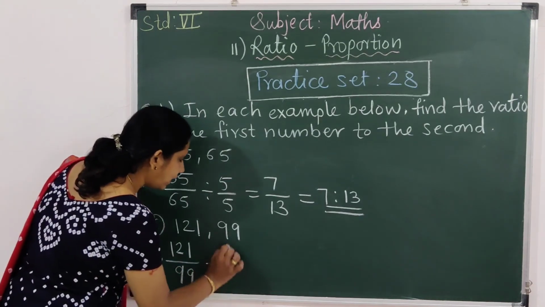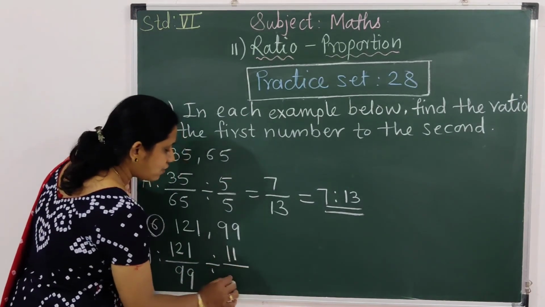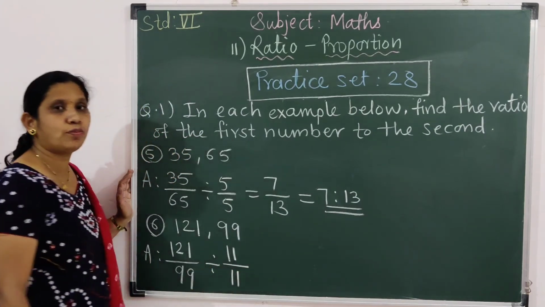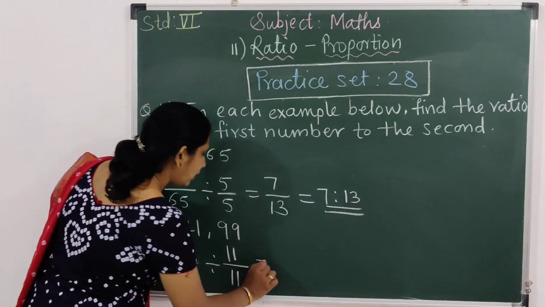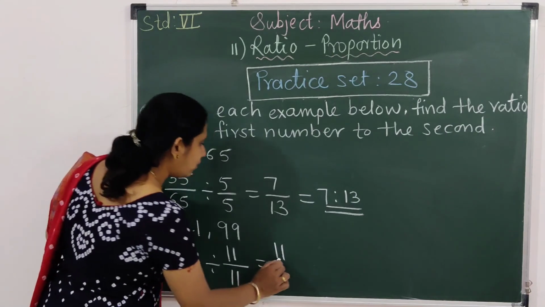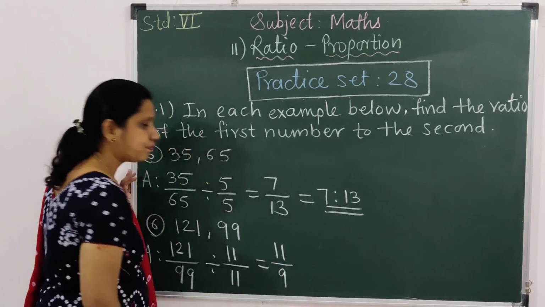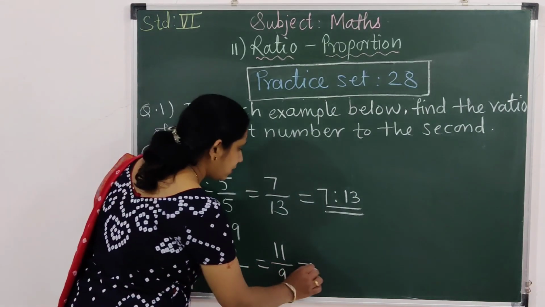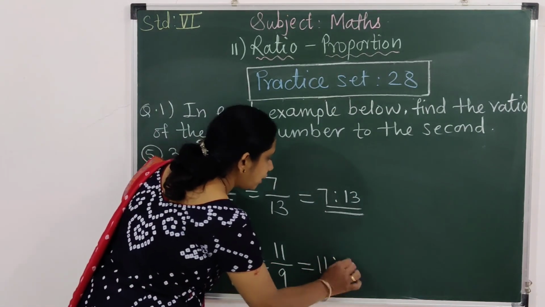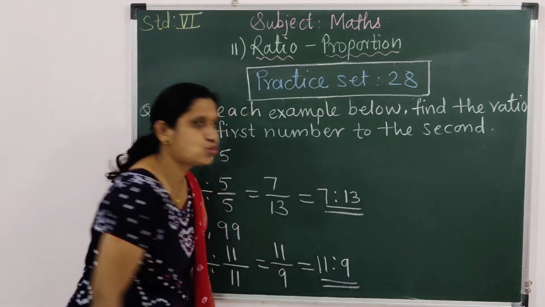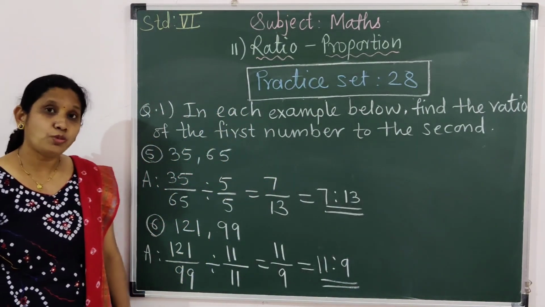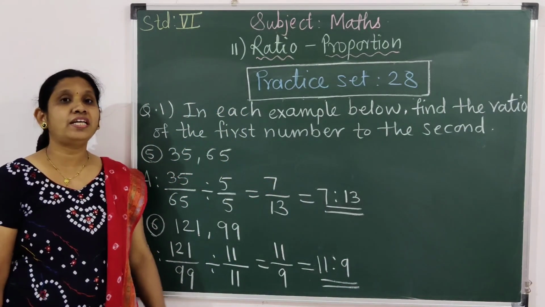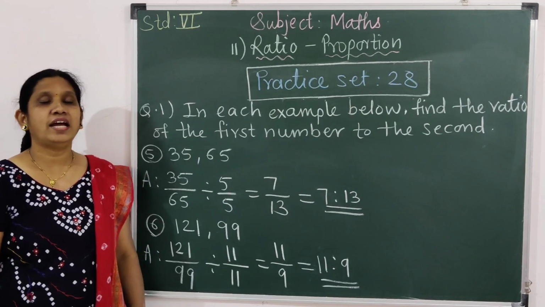So let us divide in the numerator by 11 as well as in the denominator also by 11. So 11 11s are 121 and 11 9s are 99. Now both are prime numbers. So it comes in the proportion as 11:9. So I hope you all must have understood this question number 1 in detail.